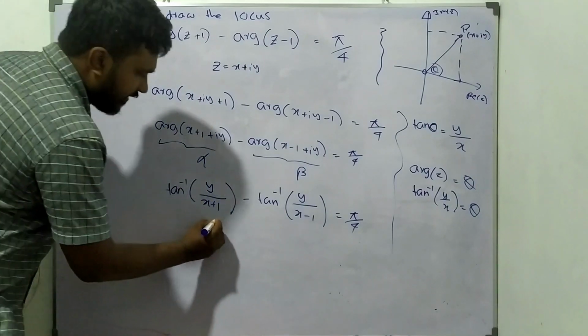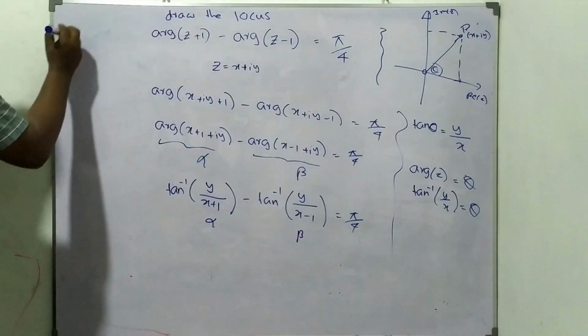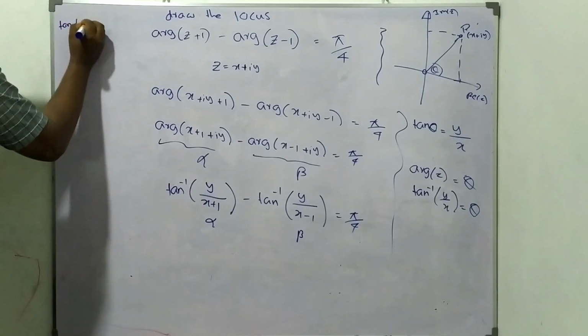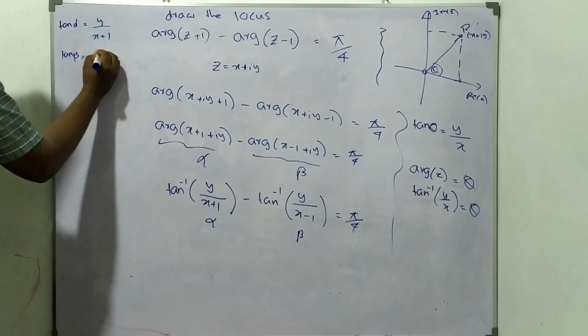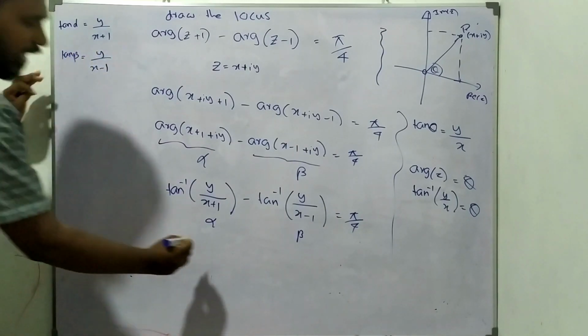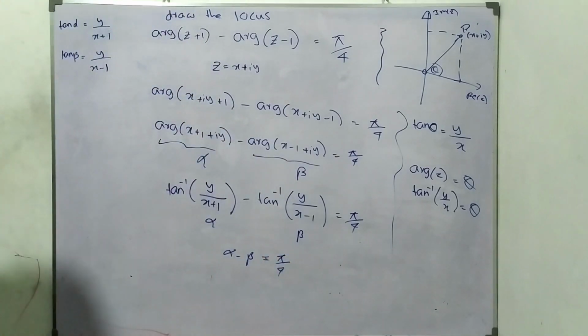So again, this is alpha and beta, alpha minus beta equals pi by 4. So basically tan alpha equals y over x plus 1, tan beta equals y over x minus 1. Now you can take tan of both sides.